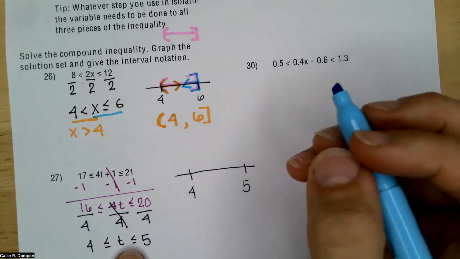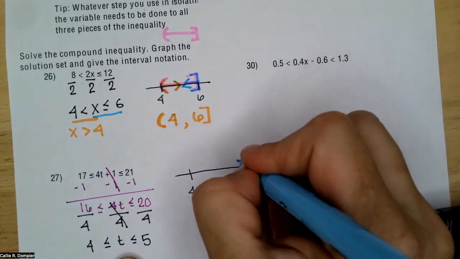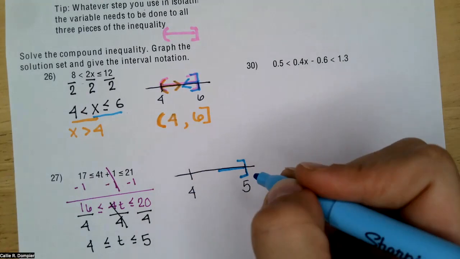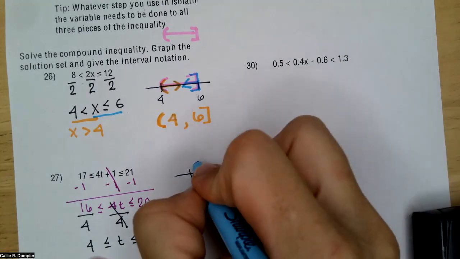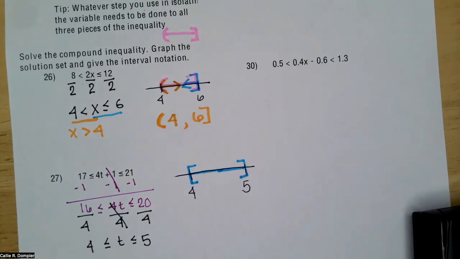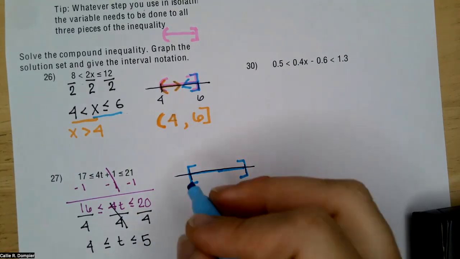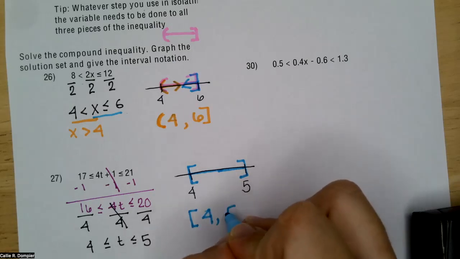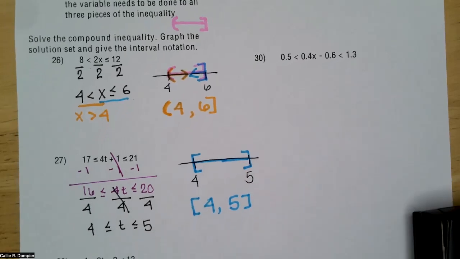T is less than or equal to 5, it means it gets a bracket, and it goes in the less than direction. T is greater than or equal to 4 means it gets a bracket, and it goes in the right-hand, positive direction. So my interval notation would be bracket 4, comma, 5, close the bracket.